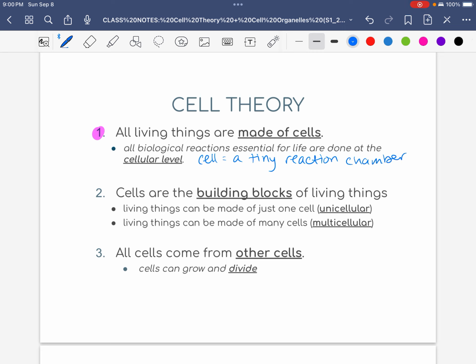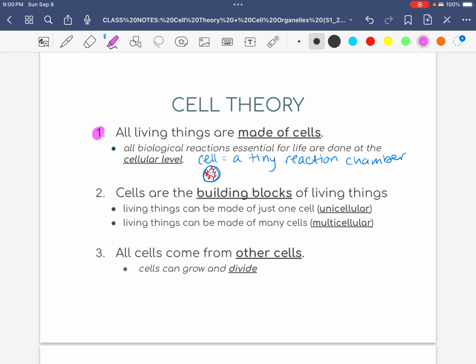All those little chemical reactions are happening inside of the cell, and the cell helps to contain all those chemical reactions.